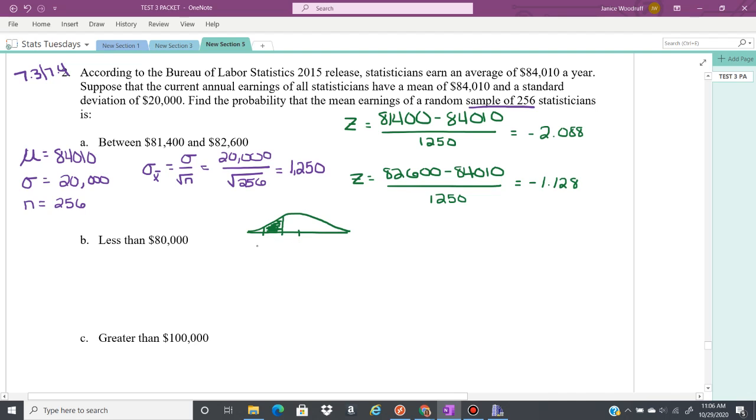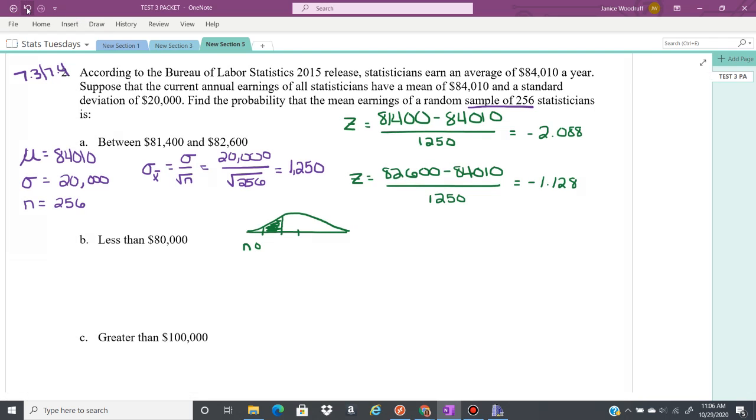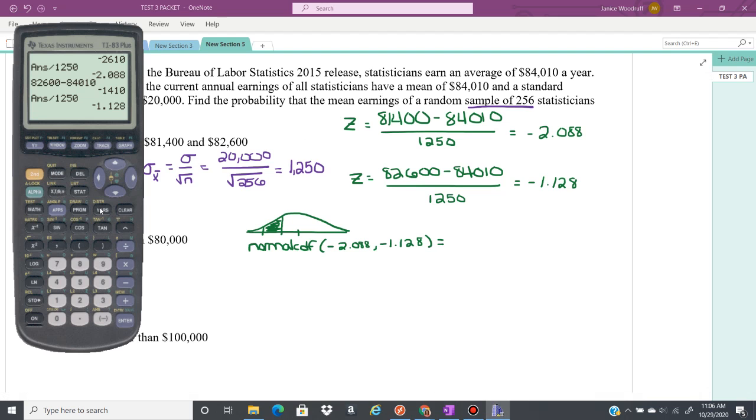What I'm going to do to find this area is go to Normalcdf. I'm going to have a lower limit, negative 2.088, and an upper limit, negative 1.128. So second distribution, Normalcdf, negative 2.088, and then negative 1.128.